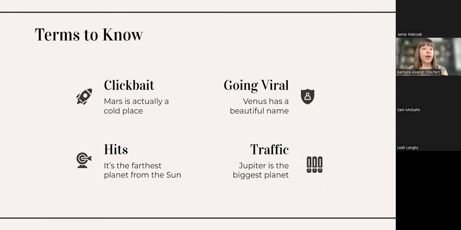I want you to be aware of some of these terms related to fake news, particularly related to fake news that we see on social media. Clickbait, going viral, hits, and traffic. Clickbait means that the more clicks that something gets, the more ad revenue it's going to generate.